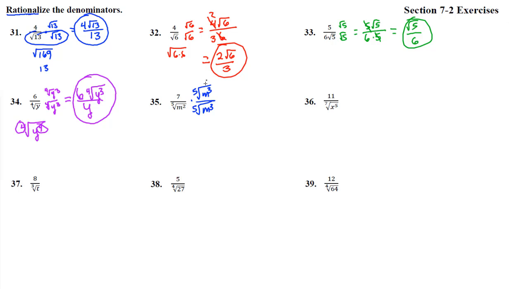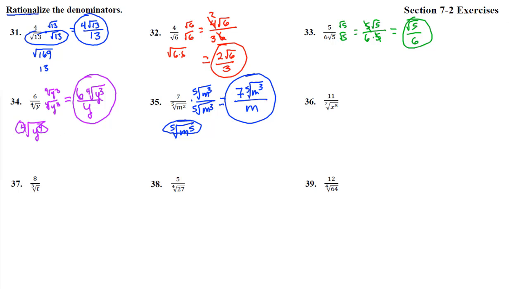The one perfect number allows us to do 7 times the fifth root of m cubed over, if we multiply these two together, we get the fifth root of m to the 5th power. Look at what we just created. Fifth root of m to the 5th is m, assuming that m is rational in and of itself. The m came out of the radical and is no longer irrational.